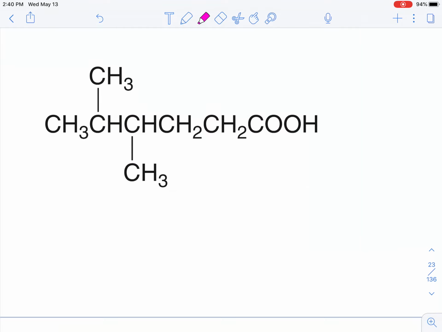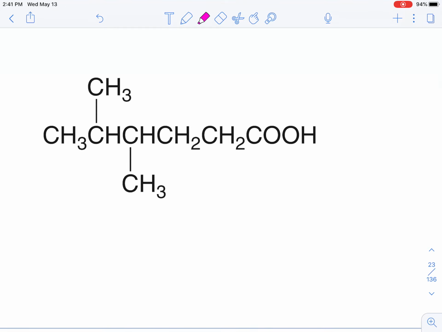So I'm going to first find my carbon chain. And by the way, the longest carbon chain should hold your carboxylic acid, right? So the carbonyl carbon on the carboxylic acid should be present in the longest carbon chain. So looking at this condensed structure, I see my COOH, so I know that this is my carboxylic acid.